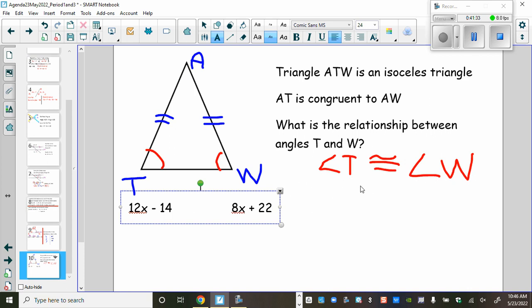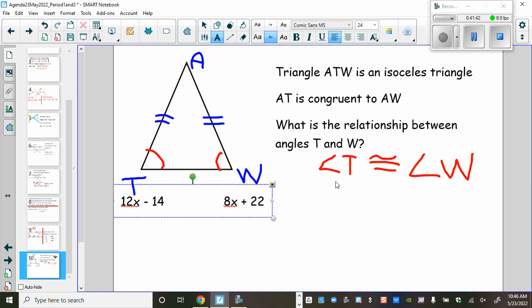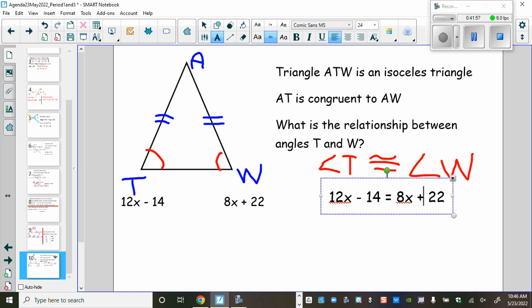And these two angles would be congruent to each other. That's what you would have going on. That's what you need to understand. Any questions?